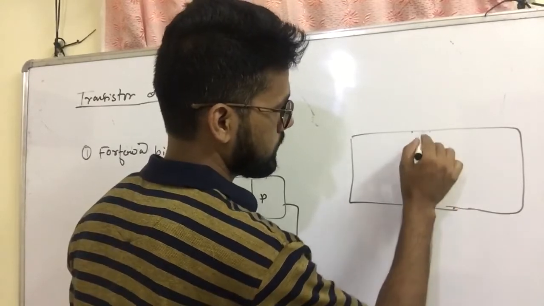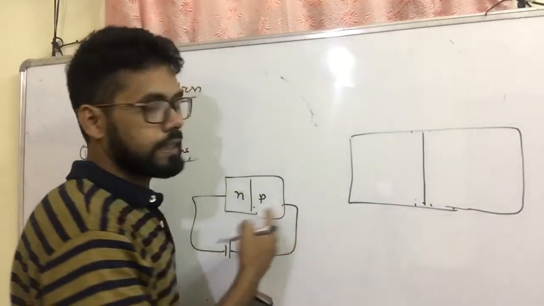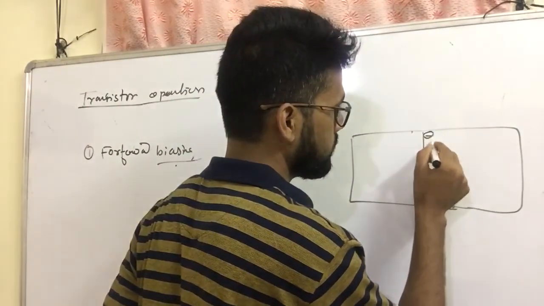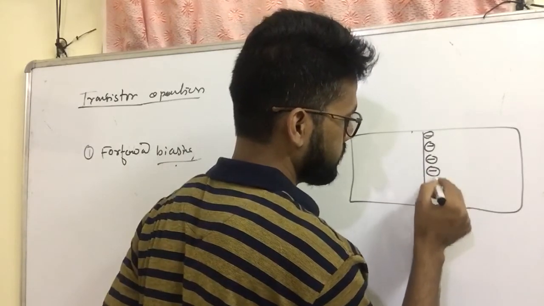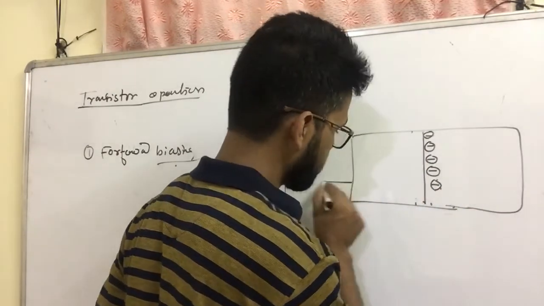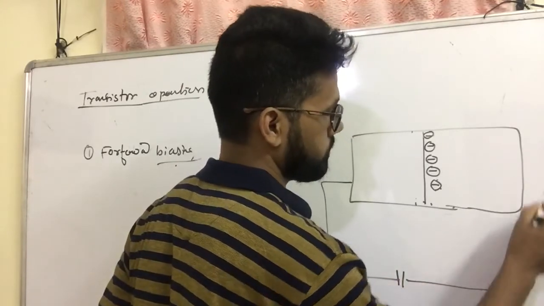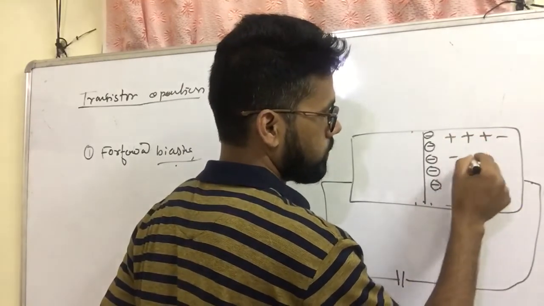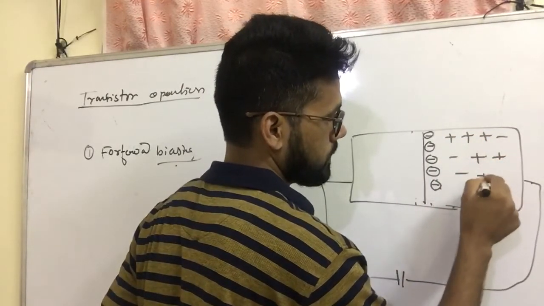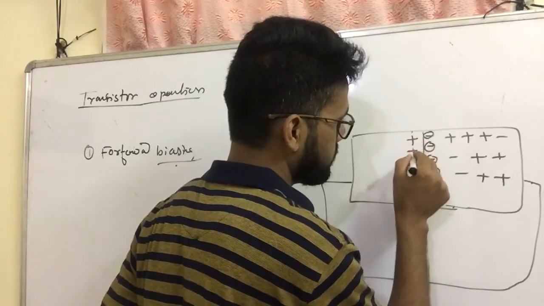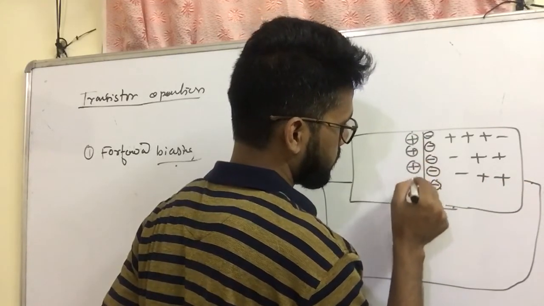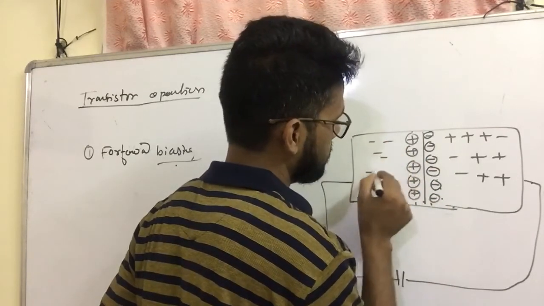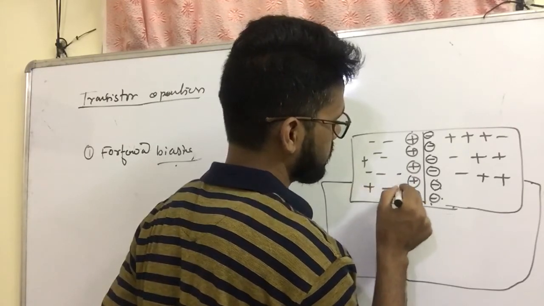Do not confuse, this is a block diagram. And this N side, this P side, is a donor. Negative ions will be there. This is a donor ion, and the acceptor is moving this side, because you see this is positive. This has a maximum of holes and one or two electrons, and this positive side has a maximum of electrons and one or two holes.